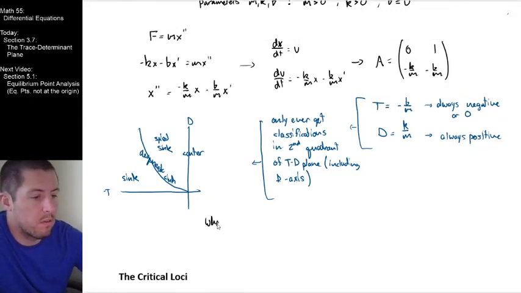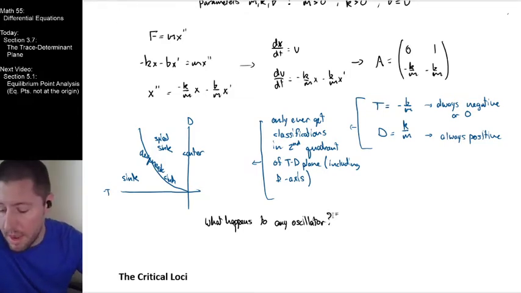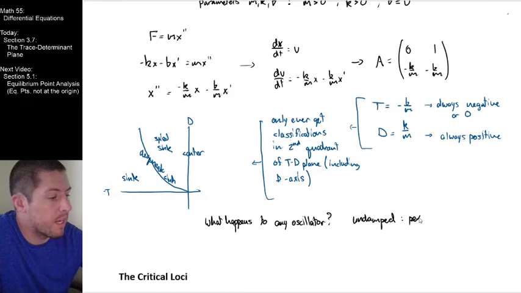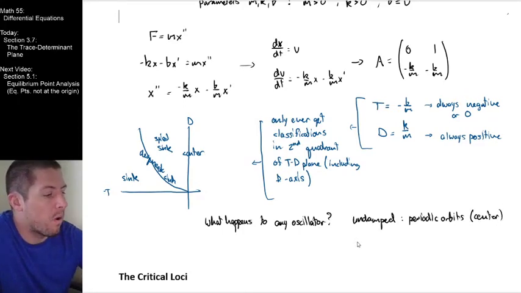And so what happens to any oscillator? It's either undamped, that's where we get our periodic orbits, it's our center, or it's damped.